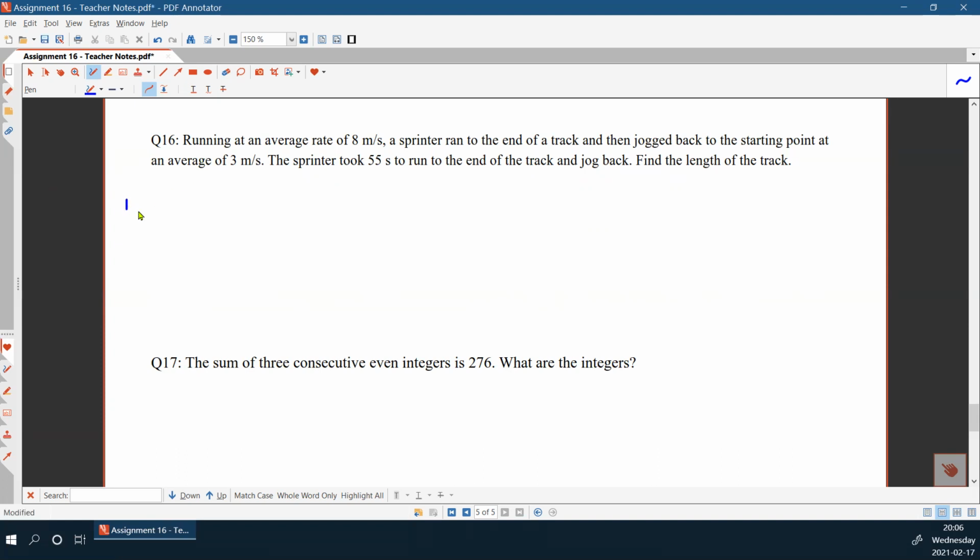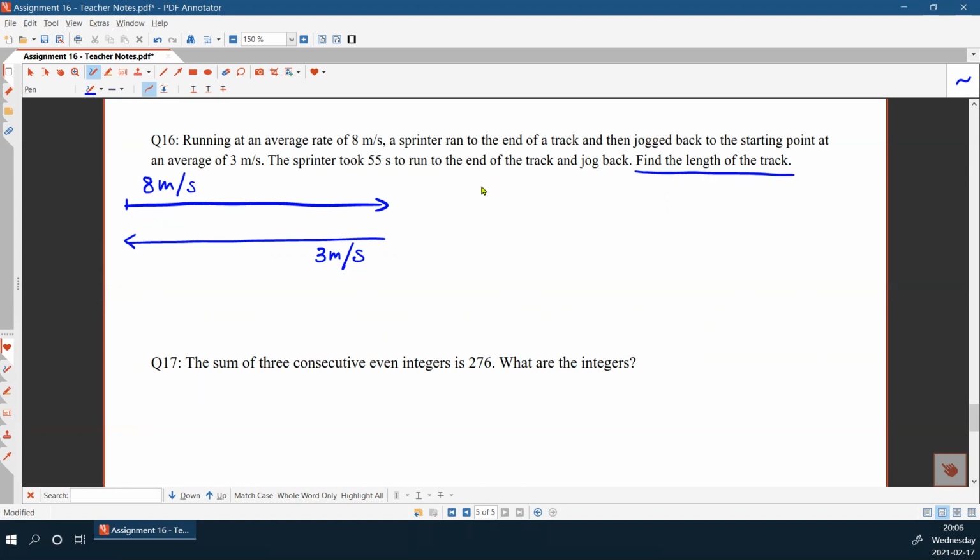So if we draw a sketch, first, the speed is 8 meters per second, then jogged back at a speed of 3 meters per second, right? And you want to find the length of the track. Of course, you can use a letter X to denote the length of the track, right?